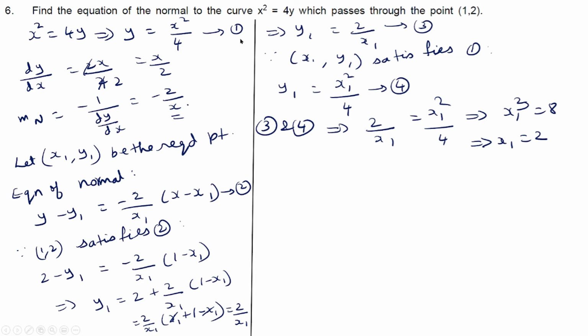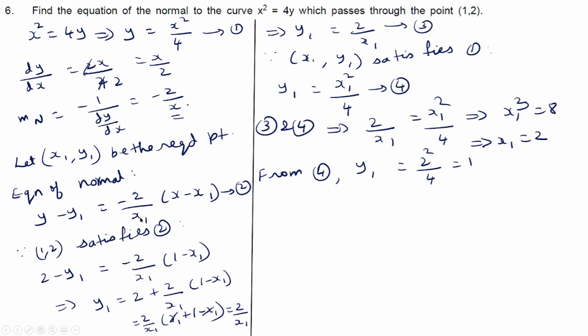Now from 1 we can find y1, or from 4. From 4, y1 is equal to 2 square by 4. So it is 4 by 4, which is 1. And we can also find the slope of the normal.